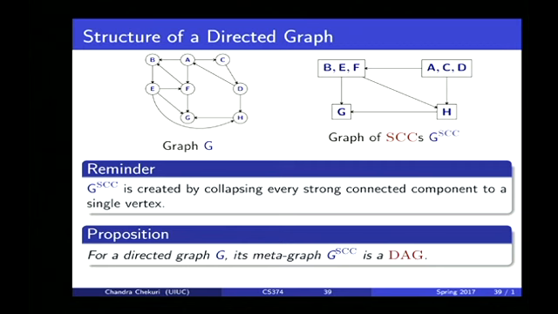You have a black box that given a directed graph will compute all the strong connected components and its representation as a DAG in linear time. You don't have to remember how you did it. You will need it in your homework and in your exams, the fact that you can go from this graph to this graph in linear time. That's all I want.